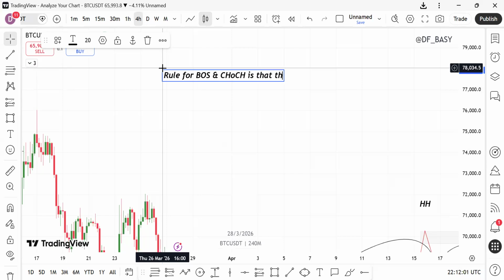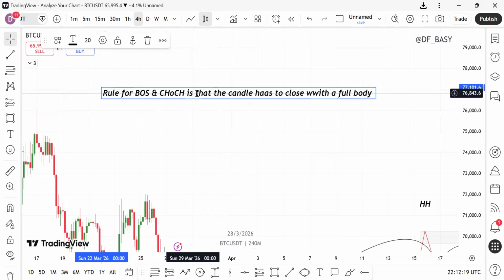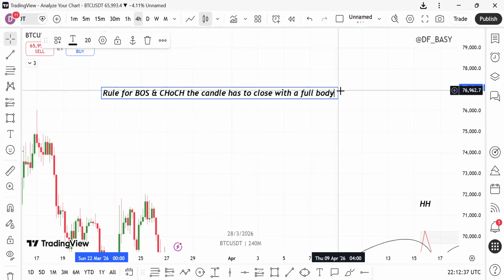All right, so now the rule is this. For BOS and change of character, the rule is: the candle has to close with a full body.